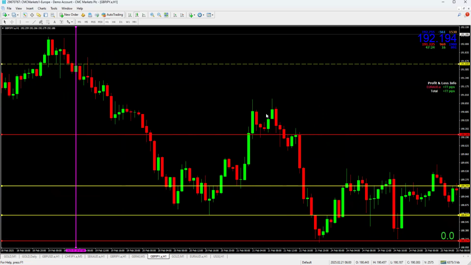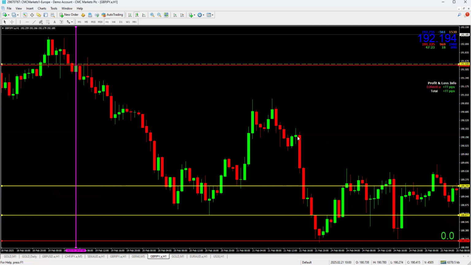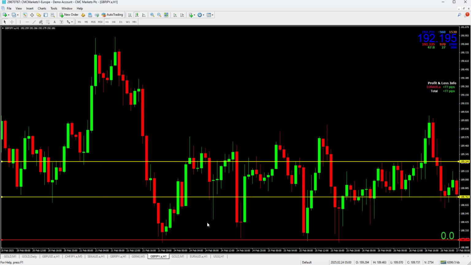On this occasion, it went all the way. It came back into the range, which is what we want, but then it broke out. If it breaks out of the range on the other side, this becomes invalid. You then have to look for a different candle to use for the E-frame.